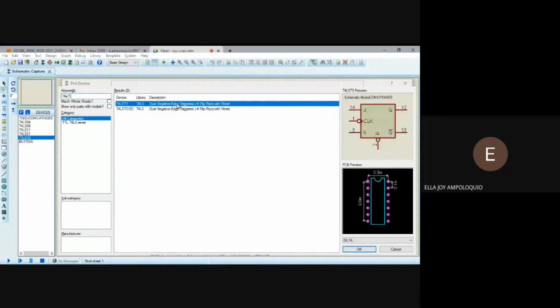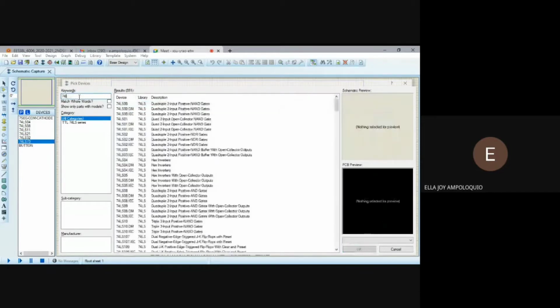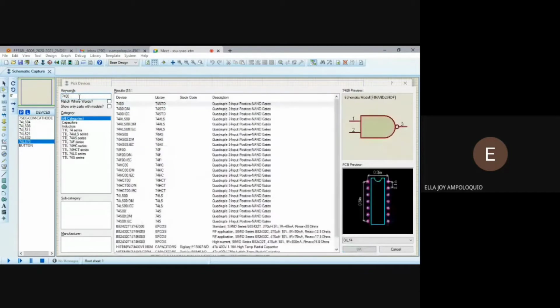Then we have this 7400 or the NAND gate.